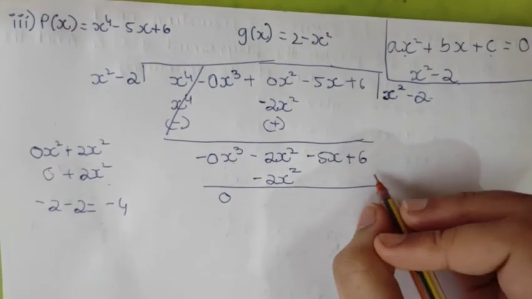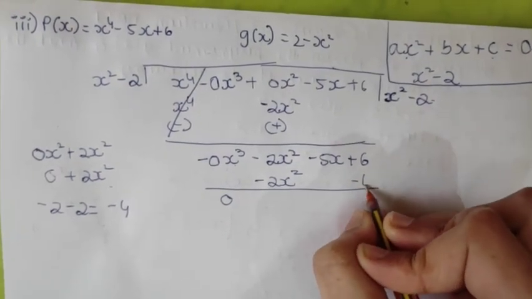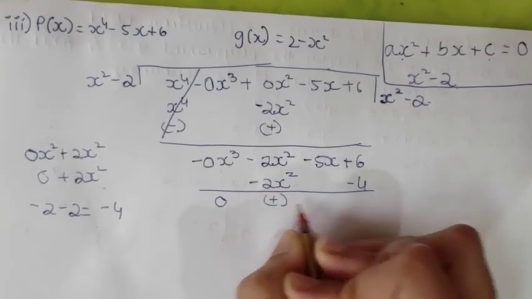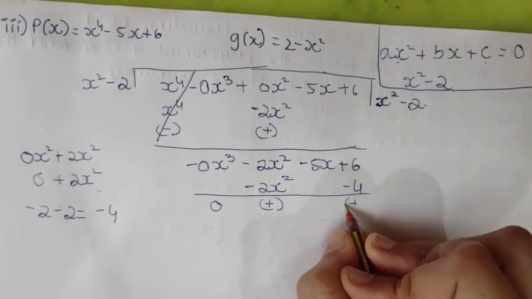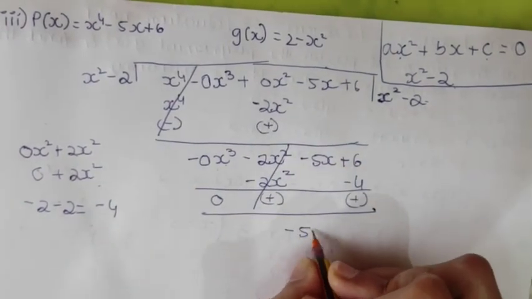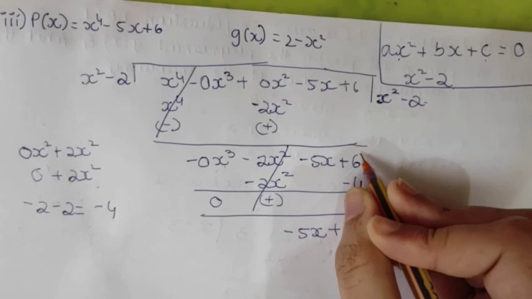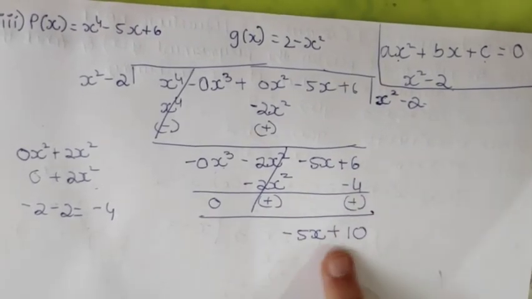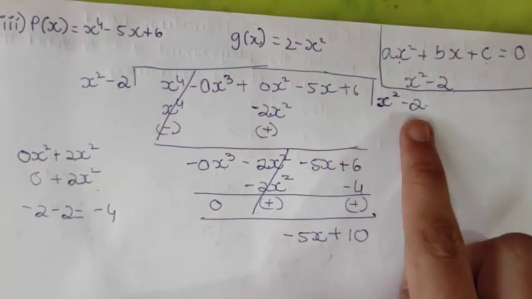So that becomes minus 4. So here that becomes plus, and here also it becomes plus. So plus minus will cancel, and 5x plus 6 plus 4 is 10. So this is our remainder, and this is the quotient.